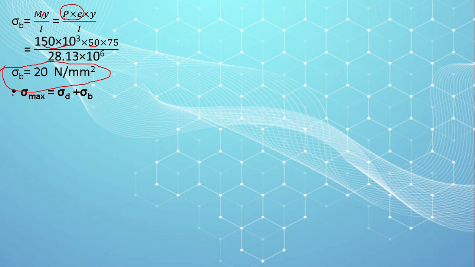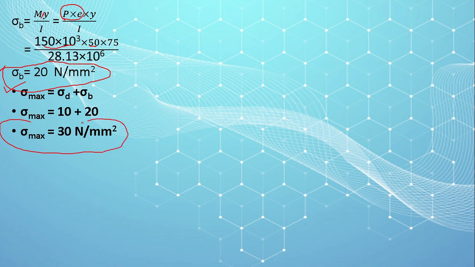Now we know the formula for sigma max, maximum stress intensity, direct stress plus bending stress. So sigma max is 10 plus 20, therefore sigma max is 30 Newton per mm square. This is the maximum stress in our column.